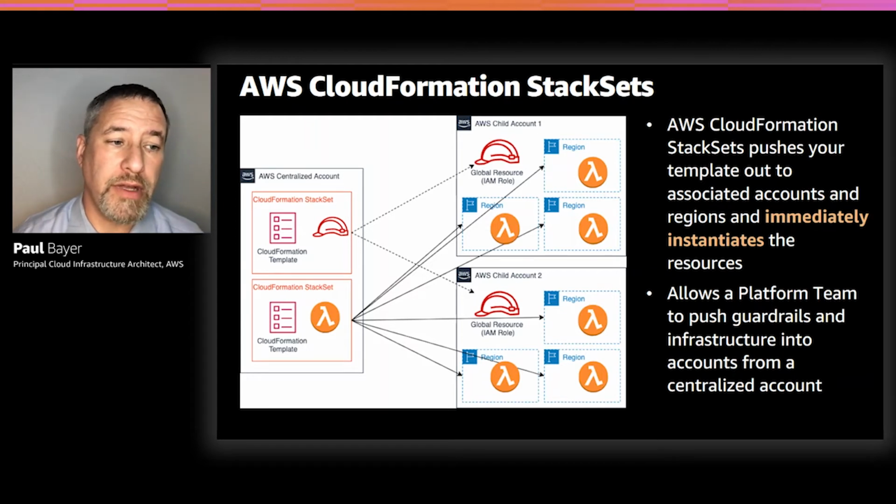We can also have a CloudFormation stack set that instantiates a Lambda function, and because that is regional, we would apply it to multiple accounts, account 1 and account 2 in this diagram here, but also in multiple regions. So a stack set is able to instantiate resources in multiple accounts and multiple regions.